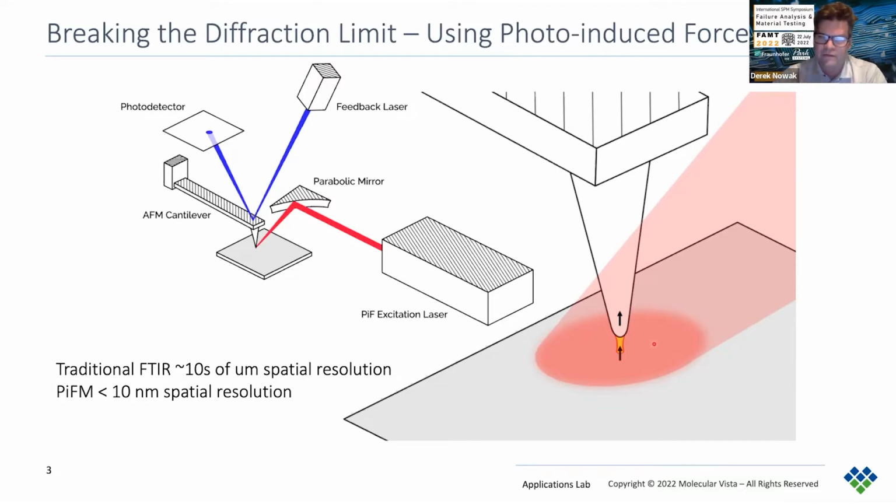We're actually going to feel a force imparted on the tip by the absorption event in the sample. And this provides a very localized measurement, so only the force is felt underneath the tip. Just think of your van der Waals forces that you feel under the tip, but now you're feeling an absorption force that is being generated by the sample. So now we'll be limited effectively to the spatial resolution of the end of the tip.